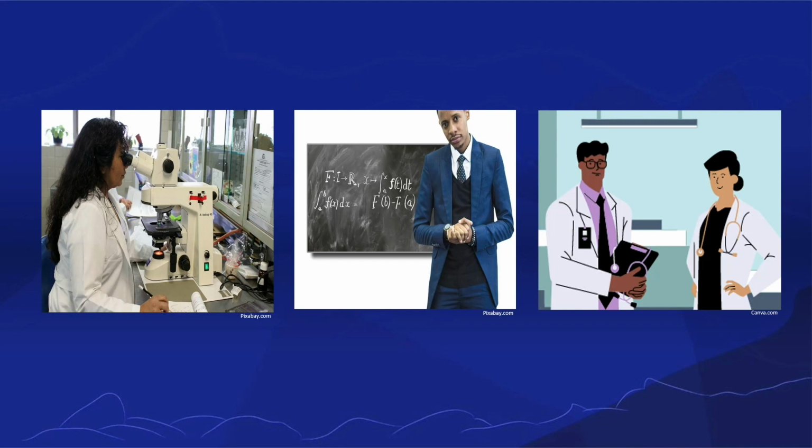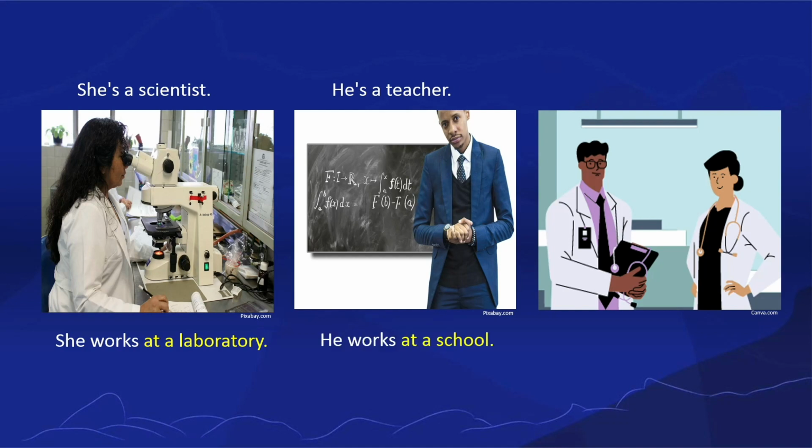Pay attention to these professionals. She's a scientist. She works at a laboratory. He's a teacher. He works at a school. They are health workers. They work at a hospital.